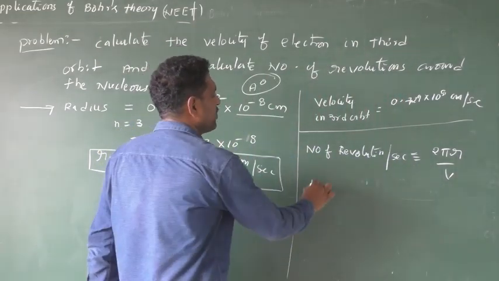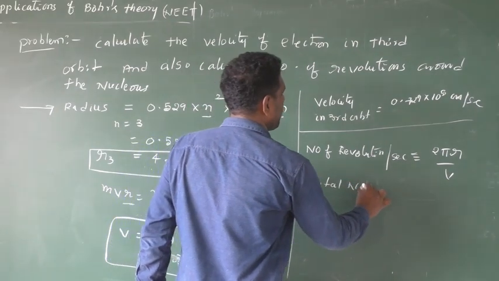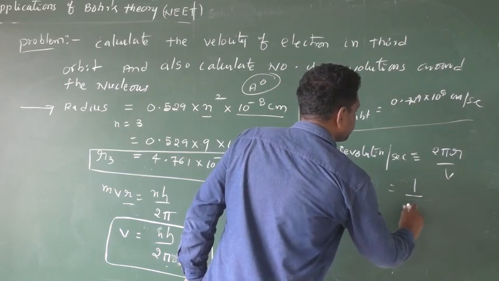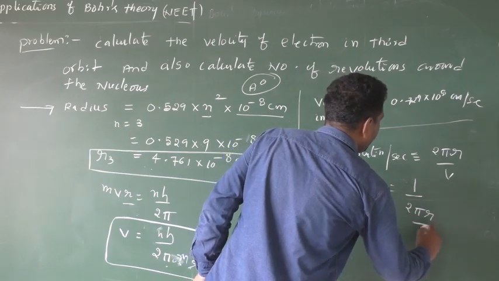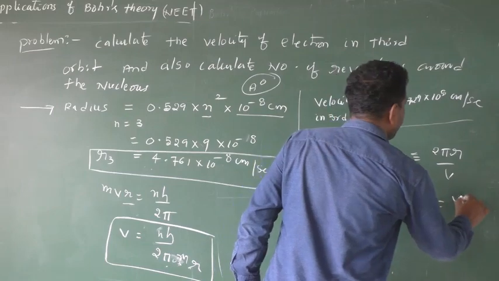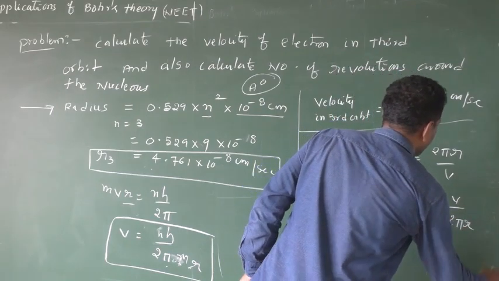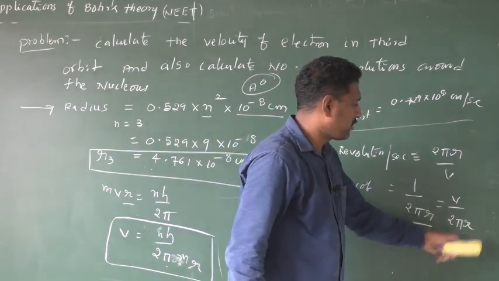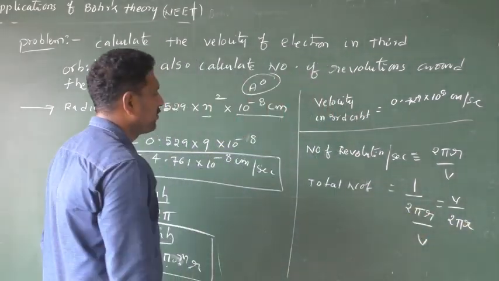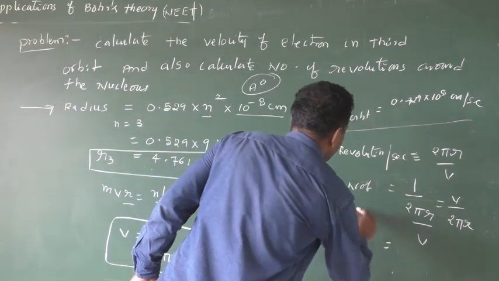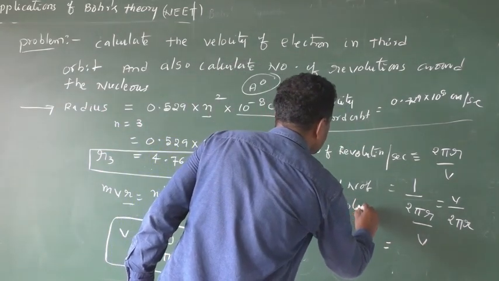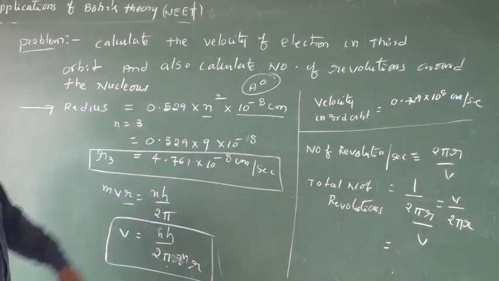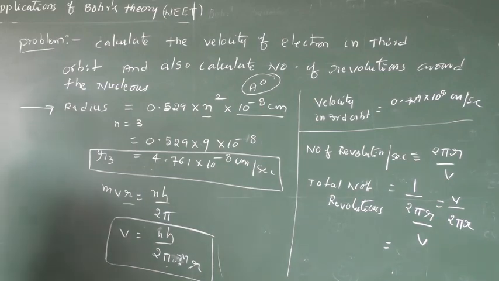So total number of revolutions equal to 1 by 2 pi r by v, that is v by 2 pi r. The v value is already calculated, 2, pi, and r value, we know for the third orbit. By substituting, we get total number of revolutions. So this is the method to calculate number of revolutions.